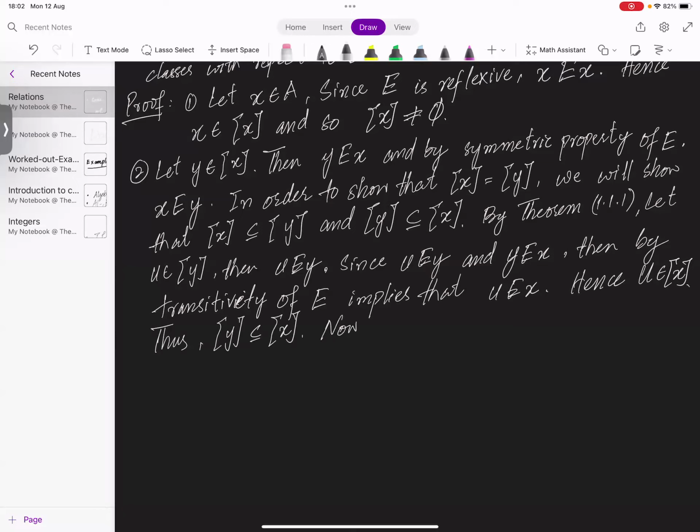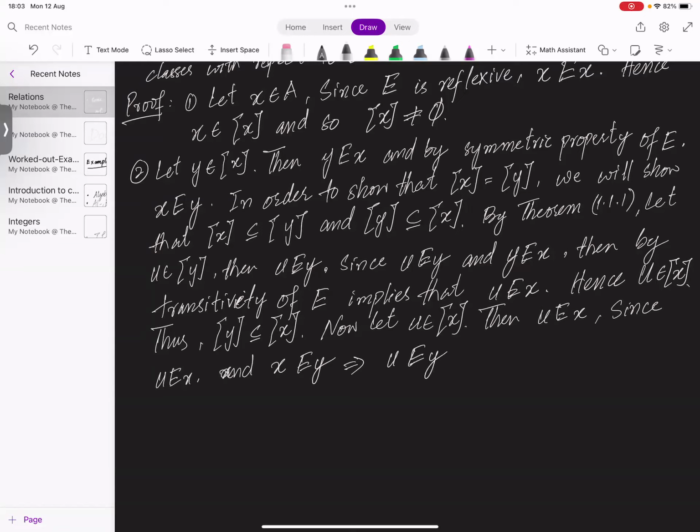Now let u be in the equivalence class of x, then u is E related to x. Since u is E related to x and x is E related to y, then u is E related to y.